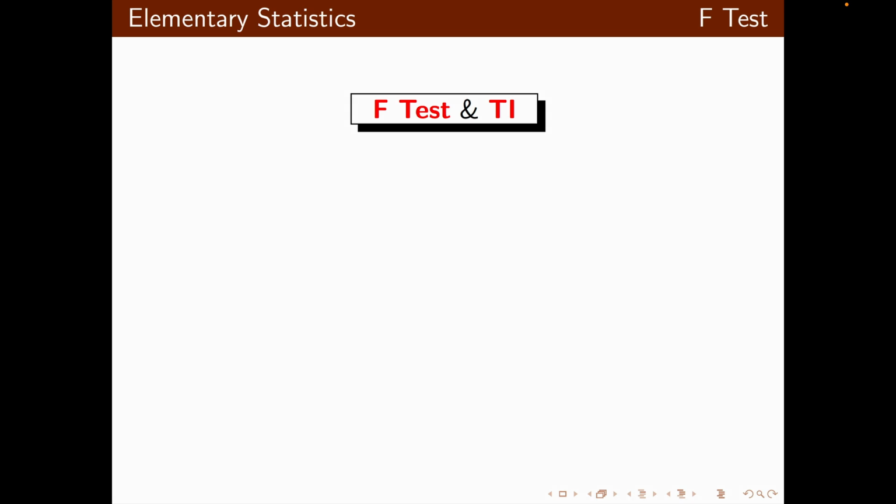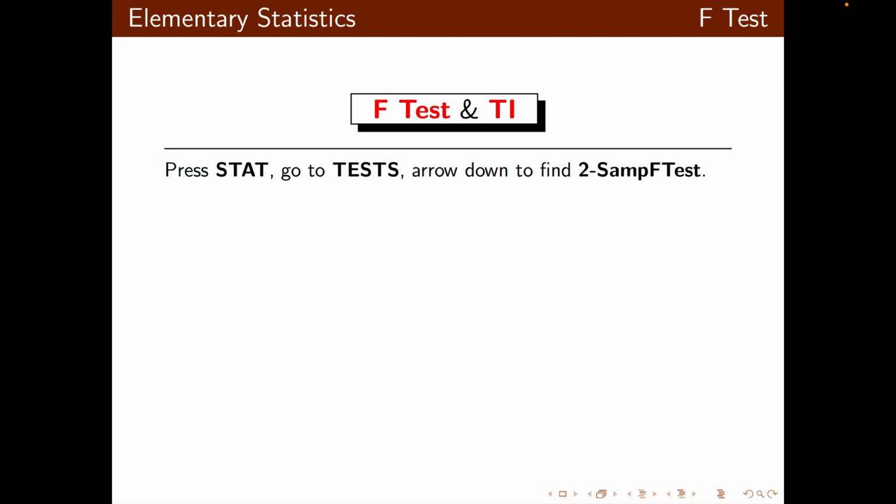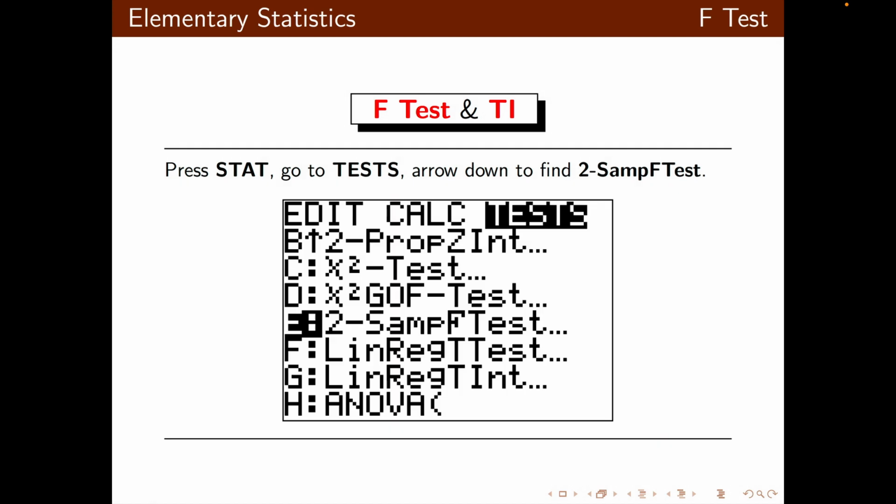Now, how are we going to do this using our calculator TI? We're going to press STAT, go to TESTS, arrow down to find 2-SampFTest.